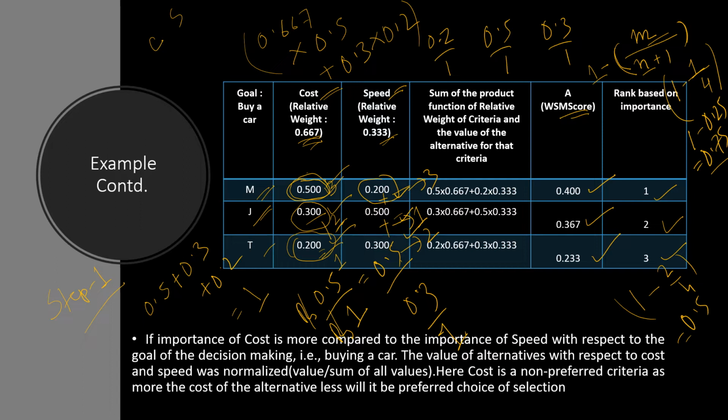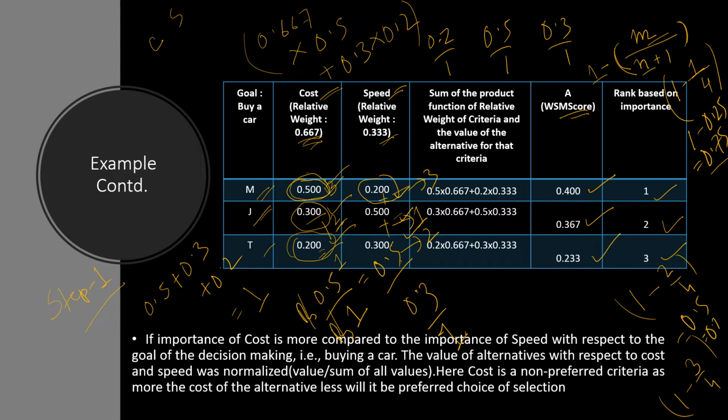And the lowest ordered value, that is Mercedes, will be 1 minus 3 by 4, so it is coming around 0.25.